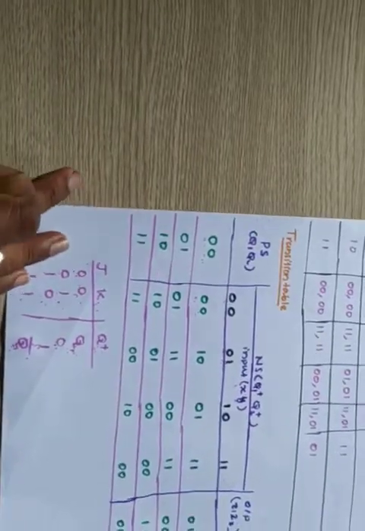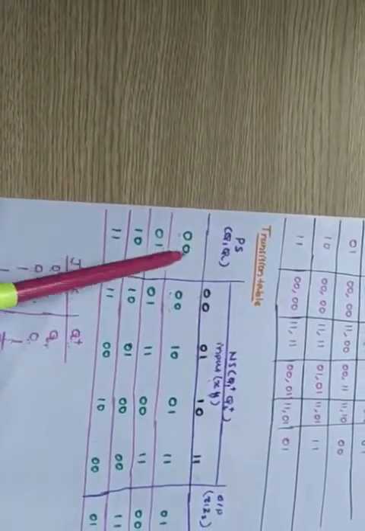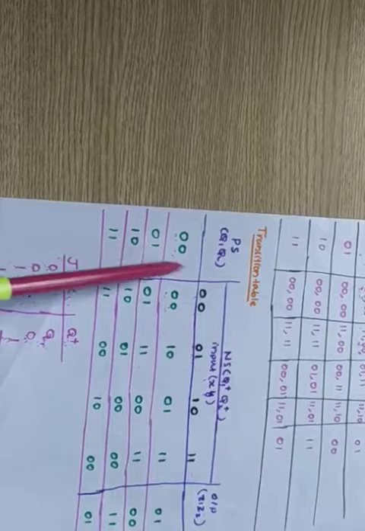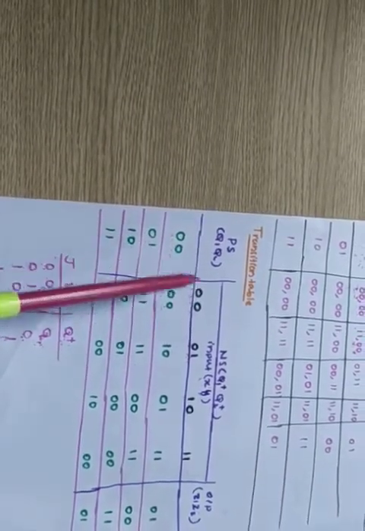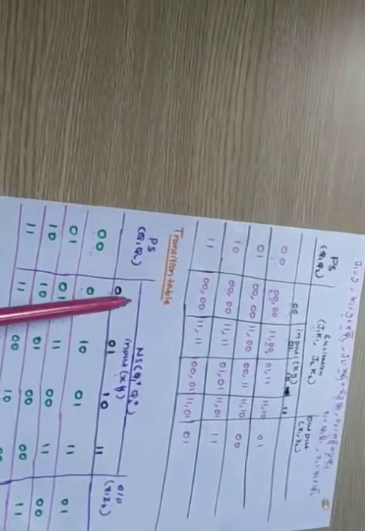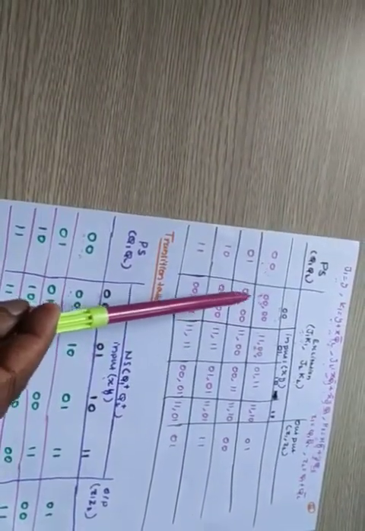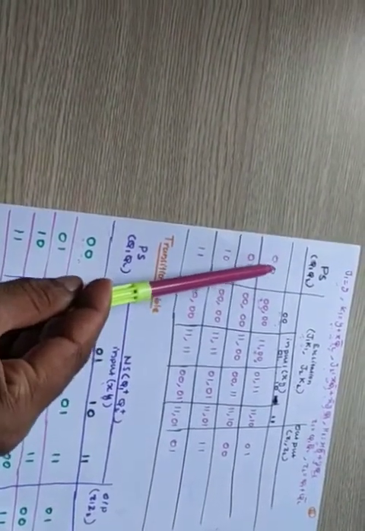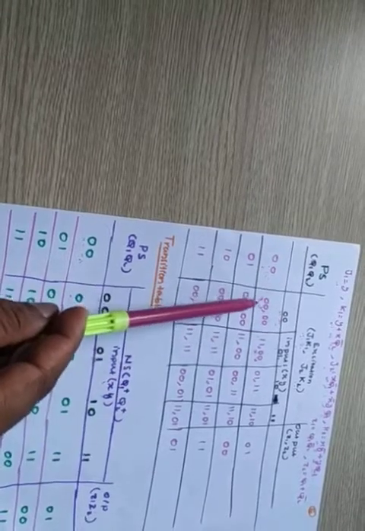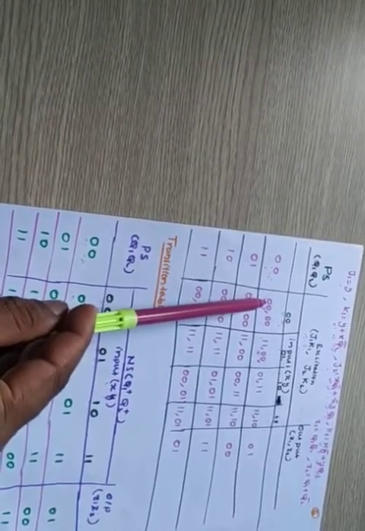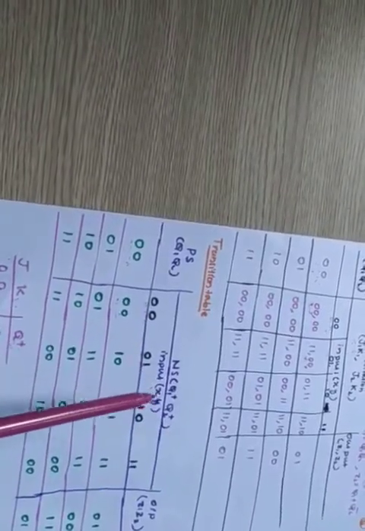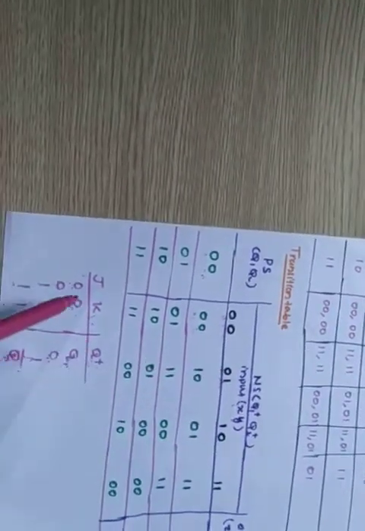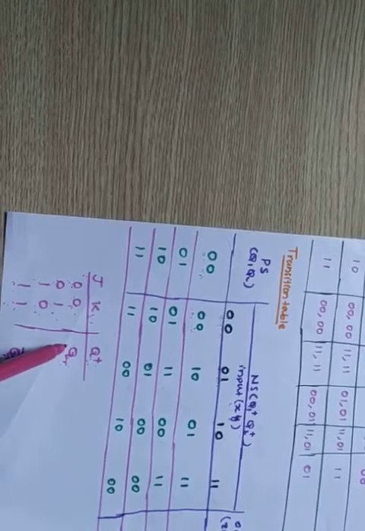Now, look at here. 0, 0 is the present state, 0, 0 input. What is J1 K1? J1 K1 is 0, 0 here. Why? Because for 0, 0 input with present state 0, 0, J1 K1 is 0, 0. What is the next state? For 0, 0 input, the next state is Q only.